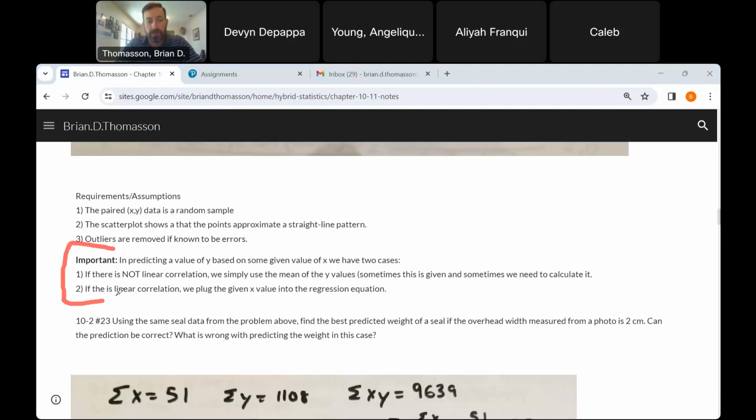If there's linear correlation, like we have with the seal's picture width and weight, we use the regression equation. If there's not linear correlation, then we just use the mean of the y values. So the mean weight of all the seals. Can't do anything better than that. So we always have to check to see if there's linear correlation. If there's linear correlation, we use a regression equation. If there's not linear correlation, we just use the mean of the y's.